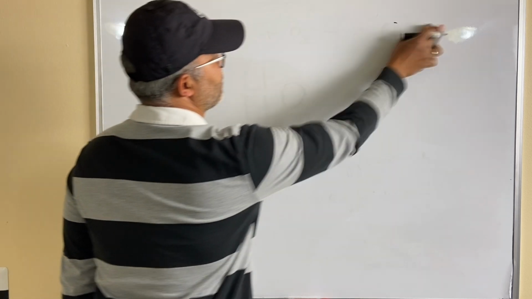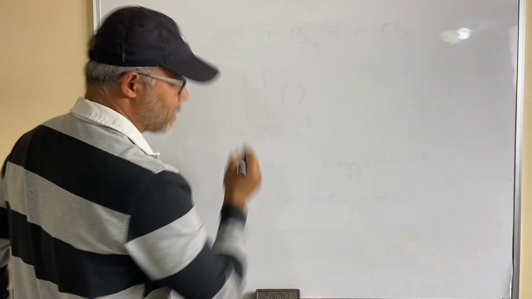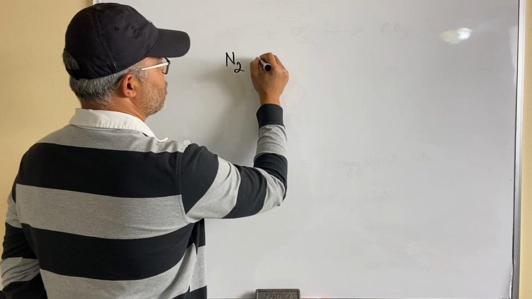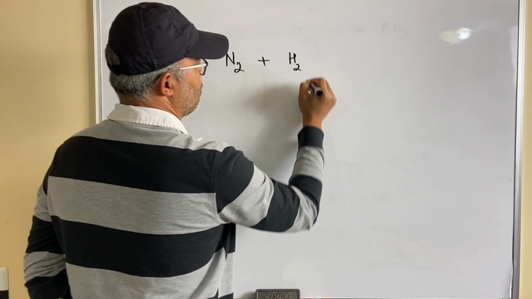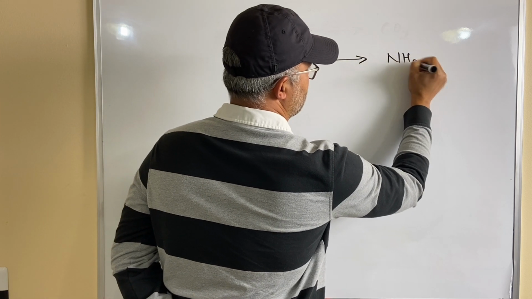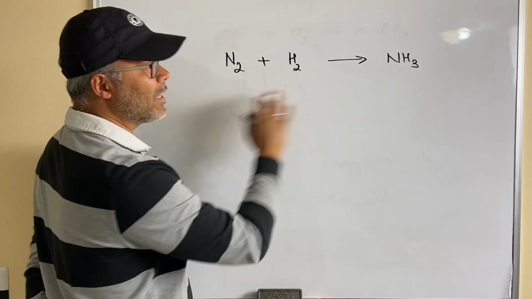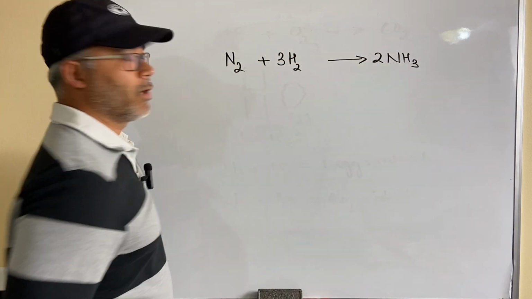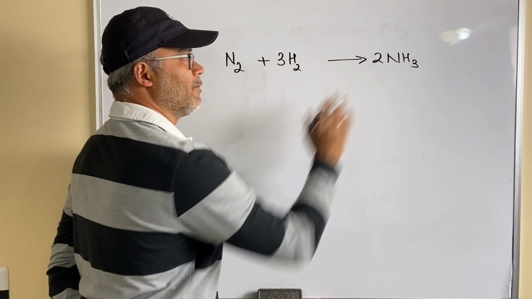So let's say we have nitrogen plus hydrogen gives me NH3, and that's not balanced, so we got to balance it. That's 2 out there and 3 out there. So we have a balanced reaction.